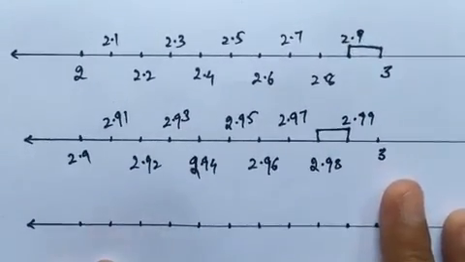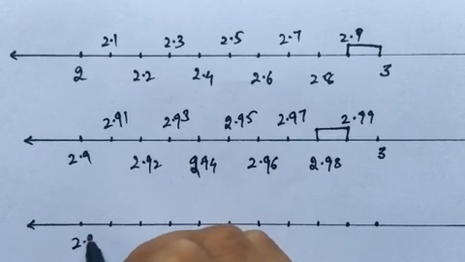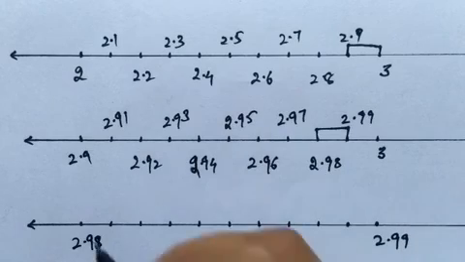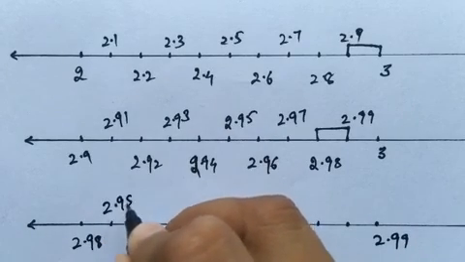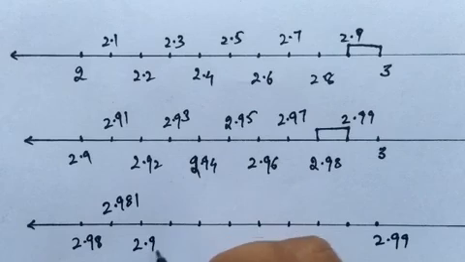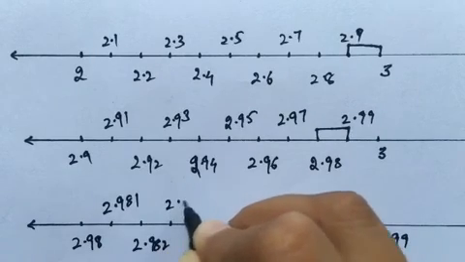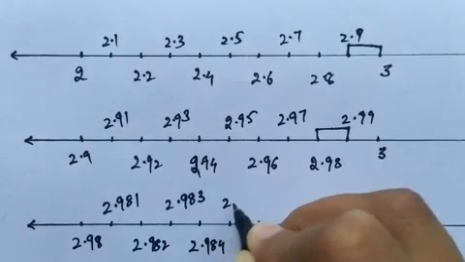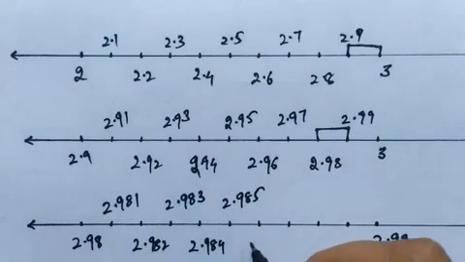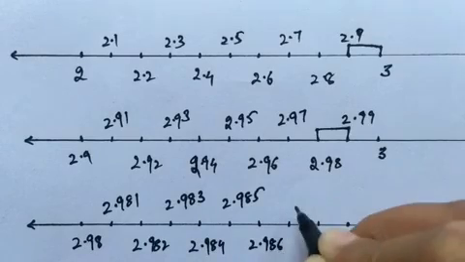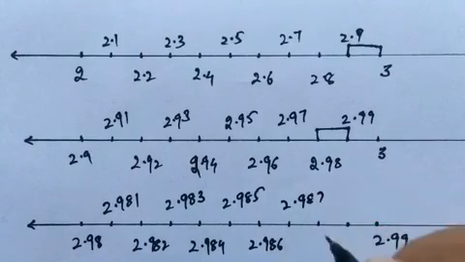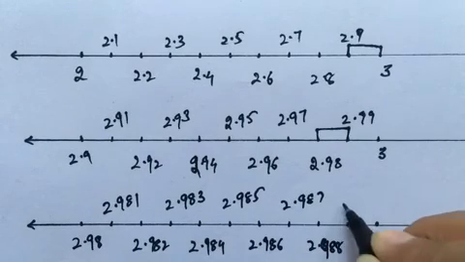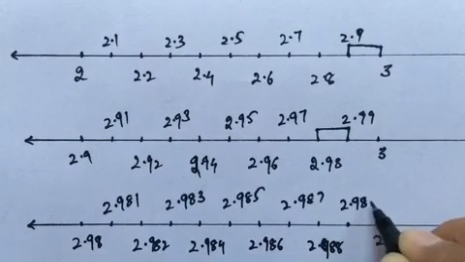So I'll write 2.98 over here, 2.99 over here. So this number would be 2.981, 2.982, 2.983, 2.984, 2.985, 2.986, 2.987, 2.988, 2.989.